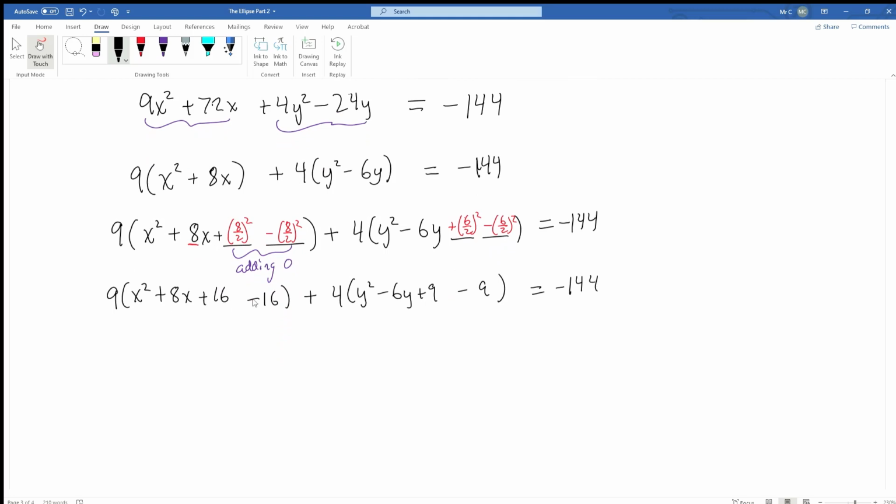And be careful not to try combining these, because the whole purpose was to get this trinomial here that can be factored perfectly. We get the perfect square factors for that. So this becomes 9 times ((x plus 4) squared minus 16) plus 4 times ((y minus 3) squared minus 9).